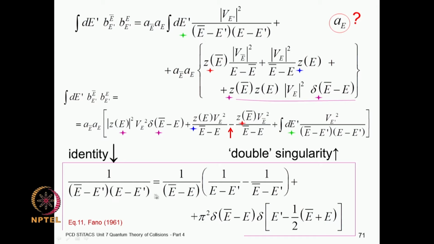This is the identity that we will use, and this was used by Fano in this work. So, instead of this 1 over E bar minus E prime multiplied by E minus E prime, you use the right hand side of this, and this will give you the Dirac delta or product of Dirac deltas in the numerator and then the rest of the terms.